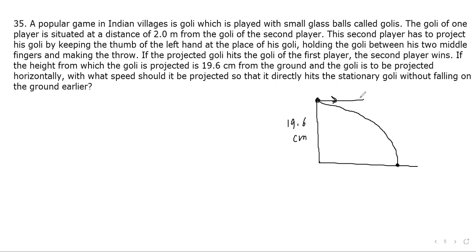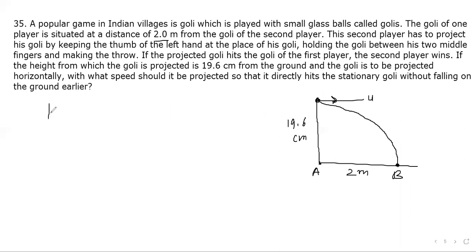The goli of the first player is here. This is the horizontal velocity. Here it is given that this range, suppose this is AB in our question, is 2 meters. So we are given height and horizontal range.